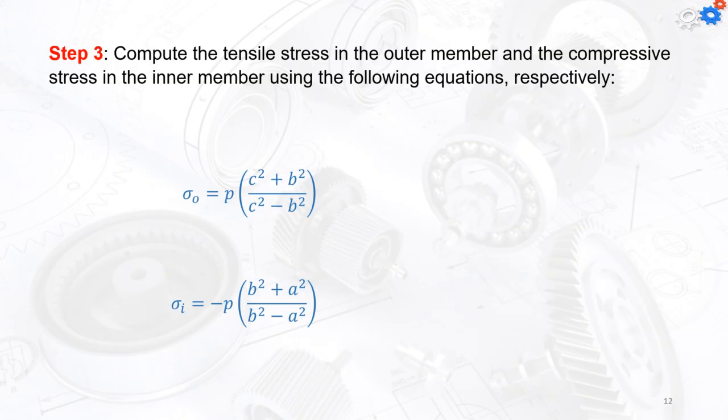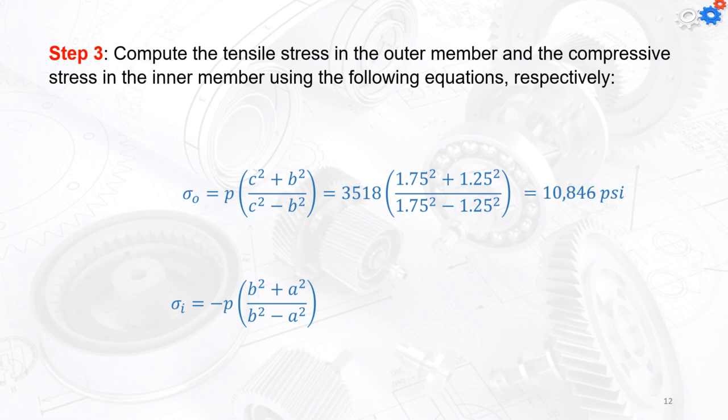So we start to apply the P that we have calculated, and the C value, which is the radius that we got from the first calculation step, and it will come out that for the tensile stress, we're going to have the value to be equal to 10,846 psi.